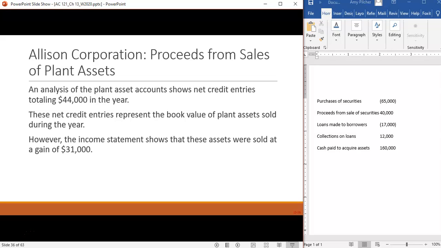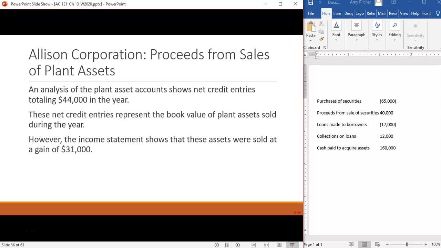Then we also see that we sold an asset. We have credit entries totaling $44,000 in the year. That's the book value of a plant asset we sold during the year, but the income statement shows that we sold it at a gain of $31,000.